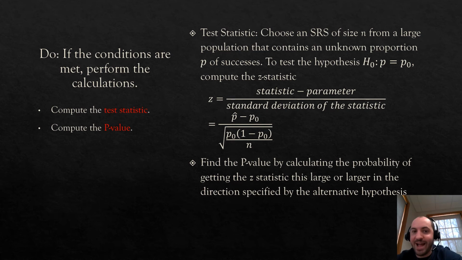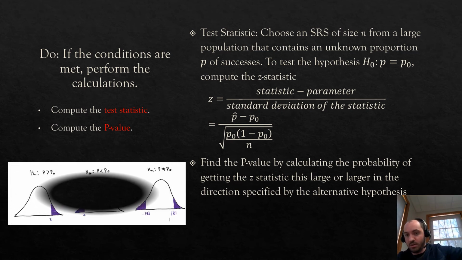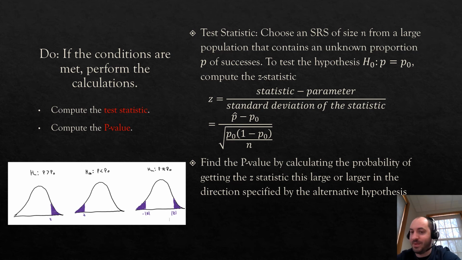And once we have that, you can either use a table or technology to find the p-value by calculating the probability of getting a statistic that is this large or larger in the direction specified for your alternative hypothesis. In this example, since we think that maybe more than 10% of our apples are bruised, we're going to be looking at the far left picture here.